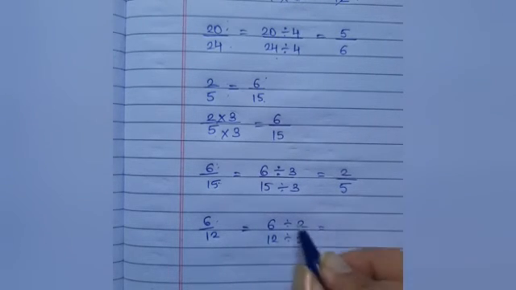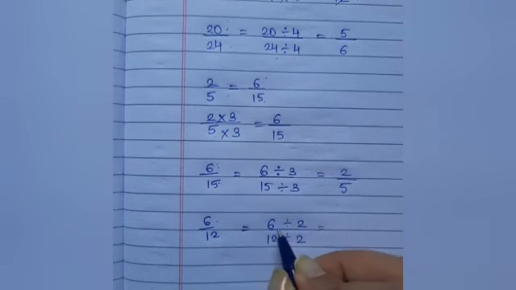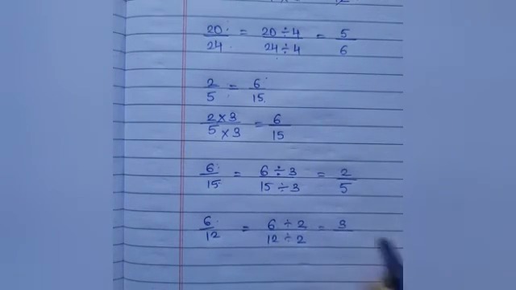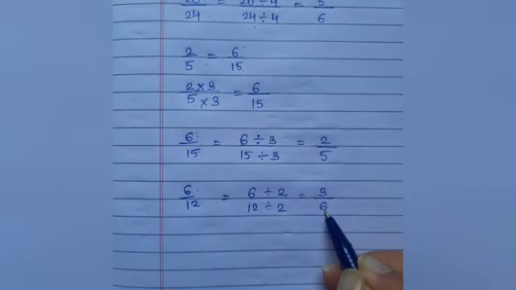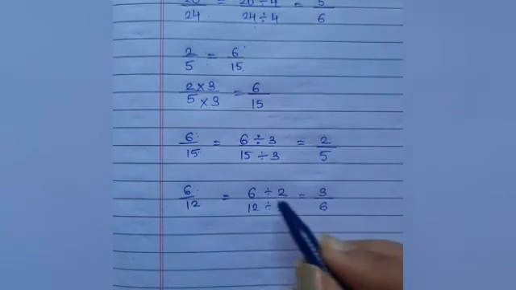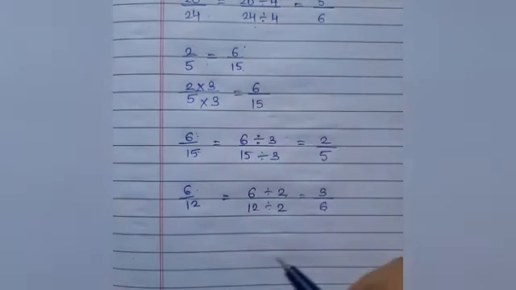The value will be 6 divided by 2 is 3 and 12 divided by 2 is 6. So 3 upon 6 is equivalent to 6 upon 12.